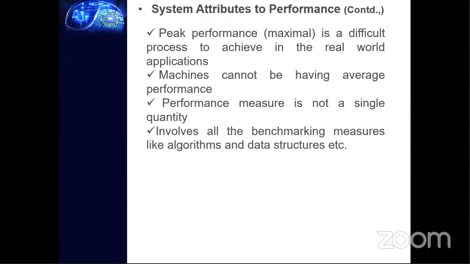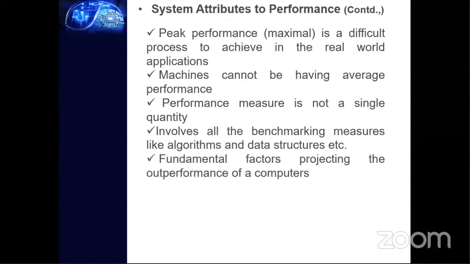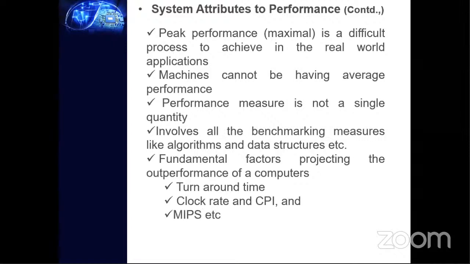It involves all the benchmarking measures, like algorithms, data structures, resources selected, resources utilized, like this. Mainly, the fundamental factors affecting the performance of a computer are turnaround time, clock rate and CPI, and the MIPS rate, millions of instructions per second.